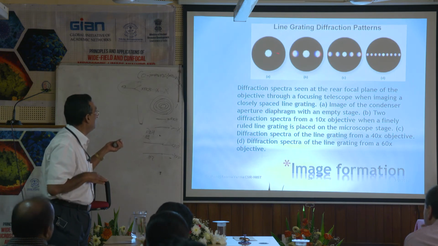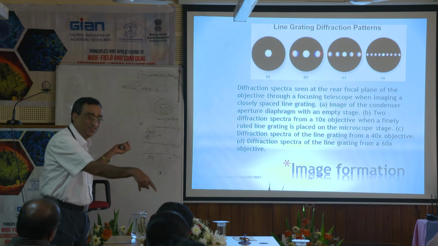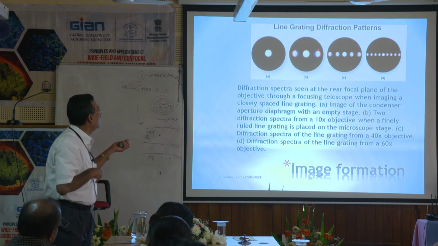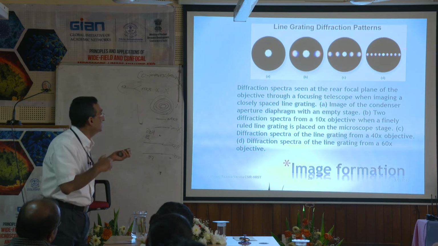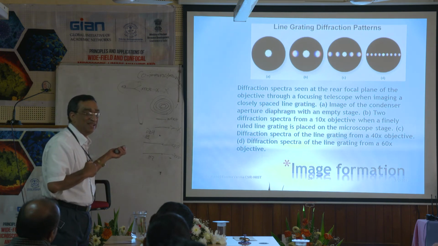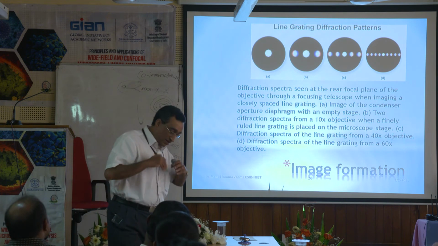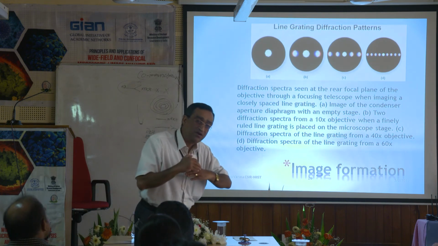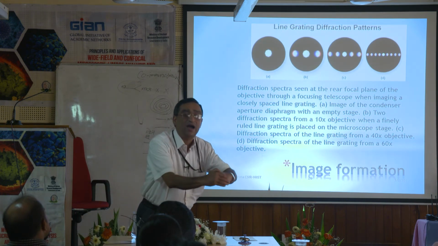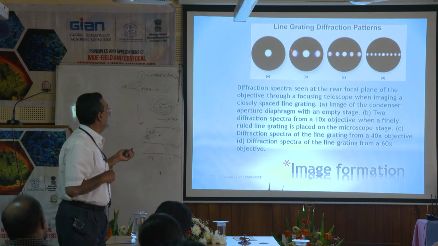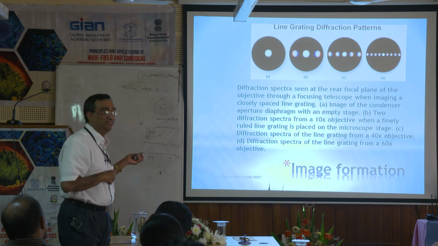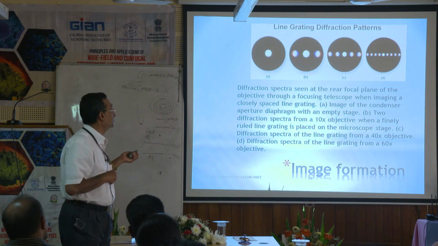One is the direct image you already got even without the grating, and 2 other images, and these images are all dispersed. Colors are dispersed. And if I move to a higher number of lines in the grating, keep the 50 lines per millimeter grating, you got 2 extra images.